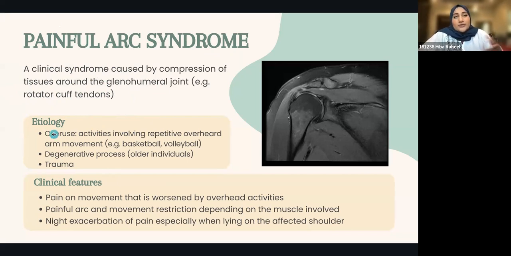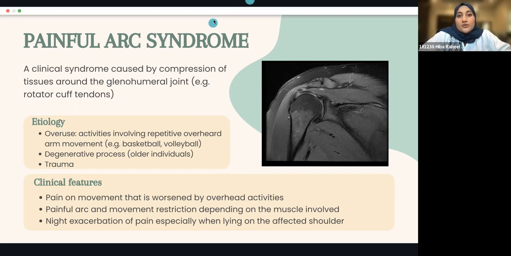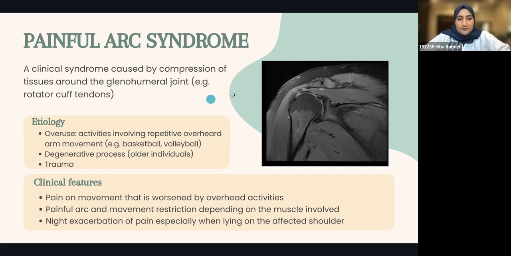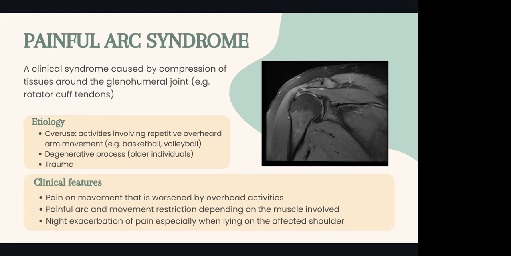What usually happens in painful arc syndrome is that it occurs when there is an overuse of someone's shoulder, right? Can you think of ways in which someone can use their shoulder a lot, and that would lead to wear and tear? Is it like overhead painting?